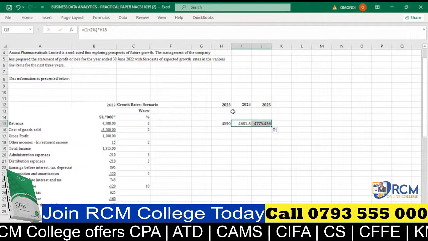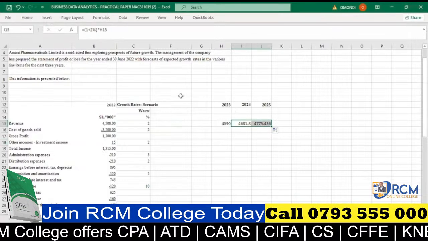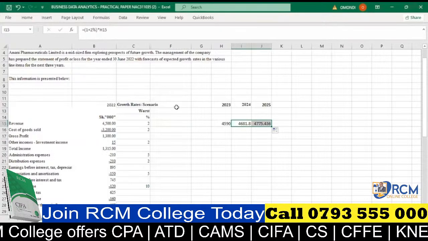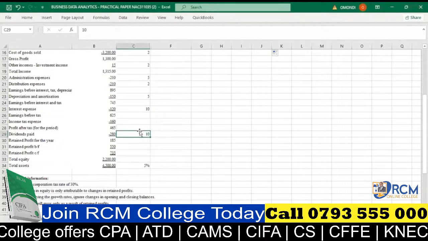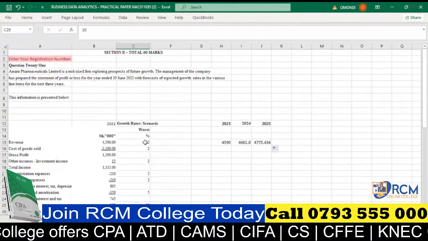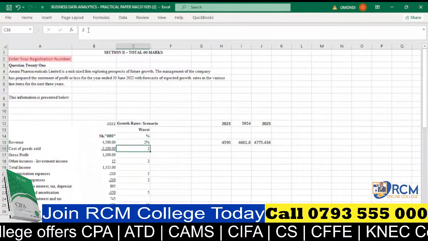Okay, somebody is suggesting that we do it to 0.02. Very well. Or you can just make these ones here to be percentages.